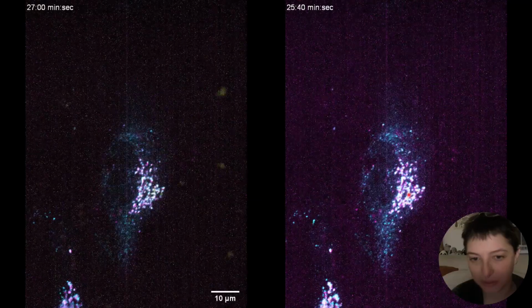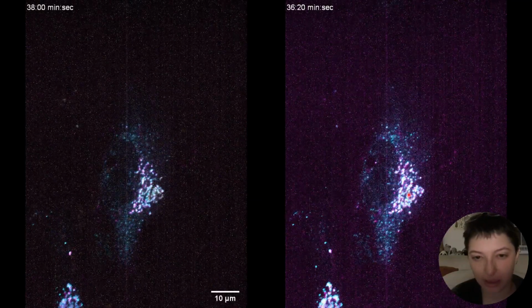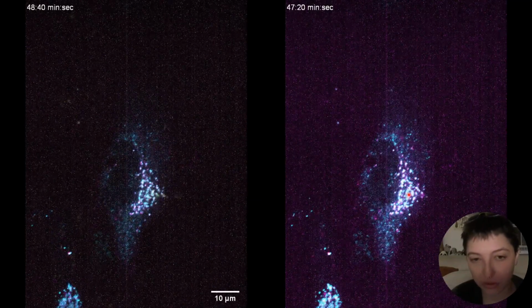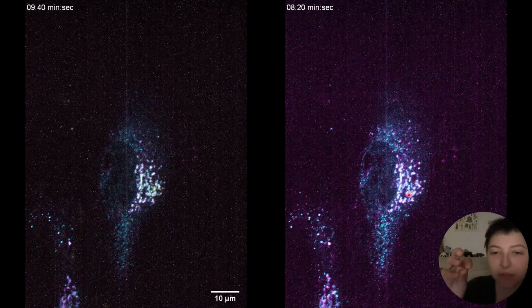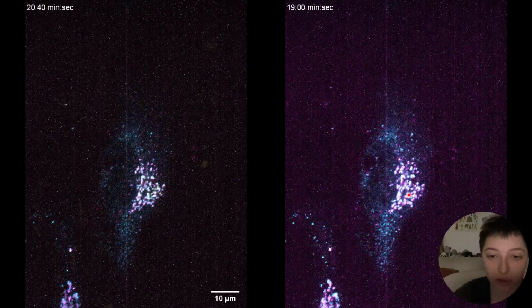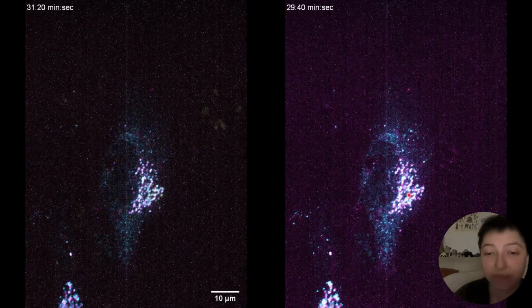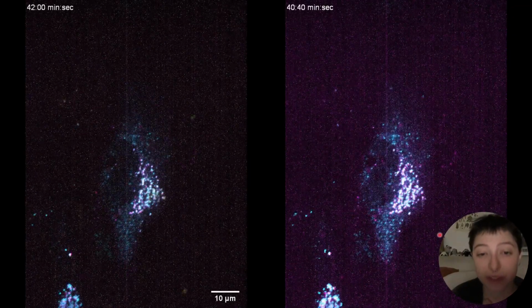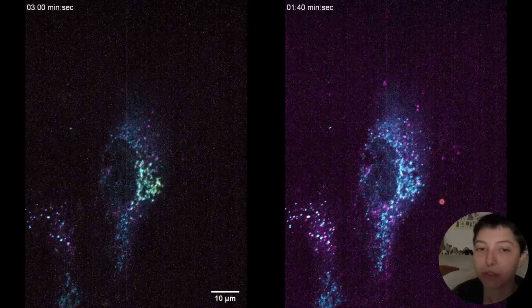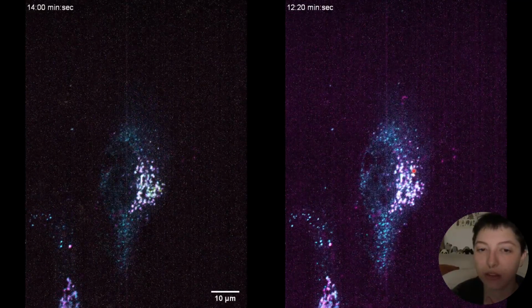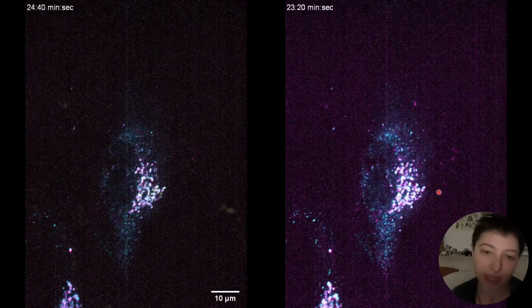It marks a vesicle that is specific to the ER exit site, and so it marks a vesicle that moves the cargo or moves the proteins. And so I thought it was interesting to see that vesicle stay in the Golgi.